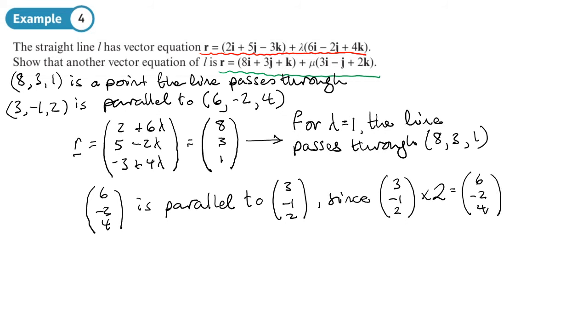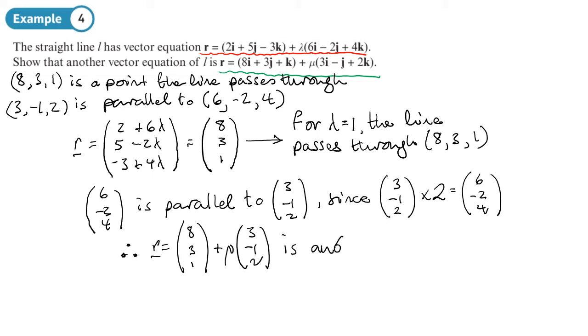Yeah. Therefore, r equals (8, 3, 1) plus mu (3, negative 1, 2) is another vector equation of the line.